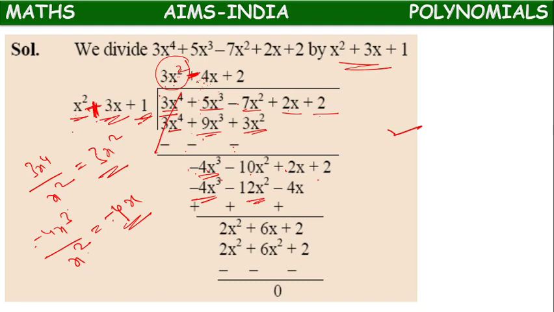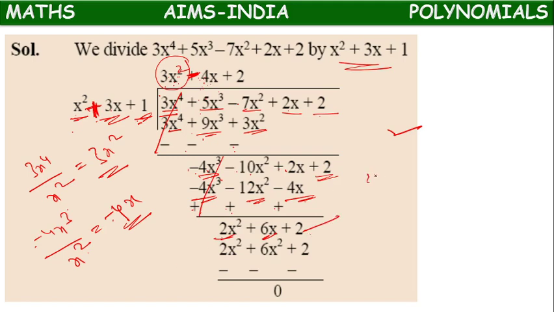Next, minus 4x plus 1, minus 4x. Okay, so plus, plus, plus, this will be cancelled. Minus 10 plus 12, 2x square, plus 2 plus 4, plus 6x, plus 2 we will take it down like that only.